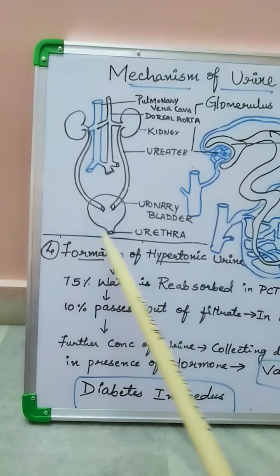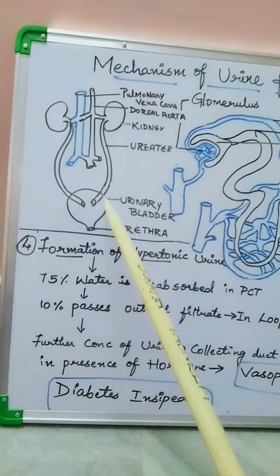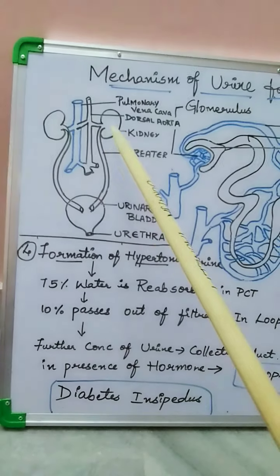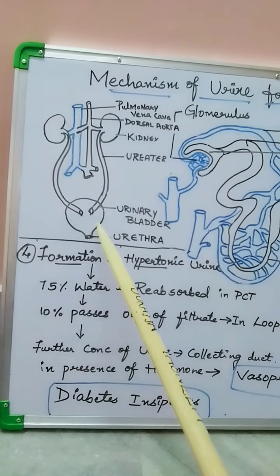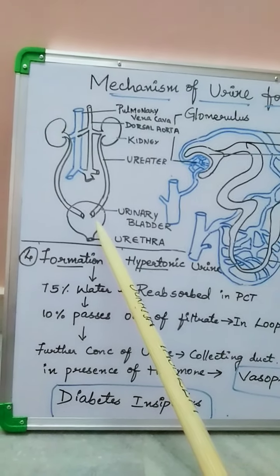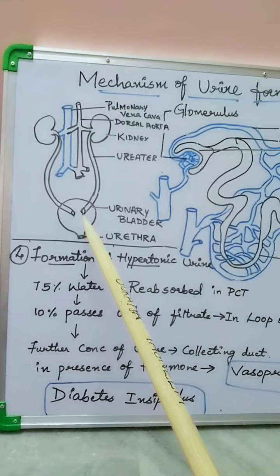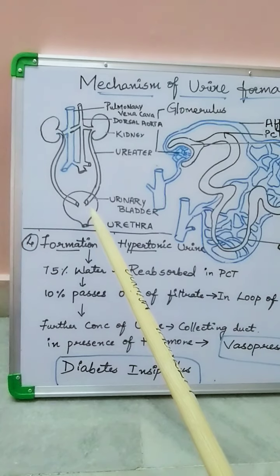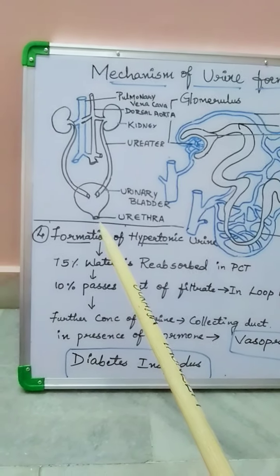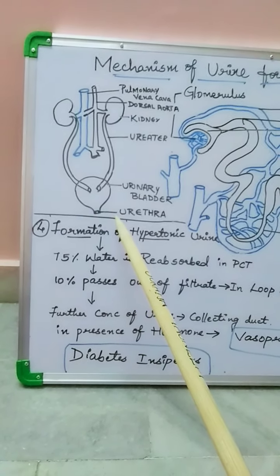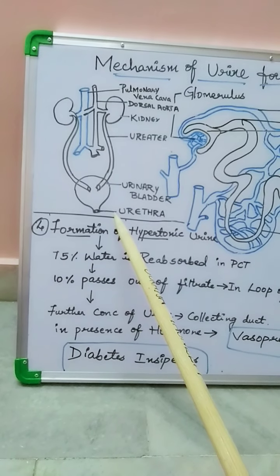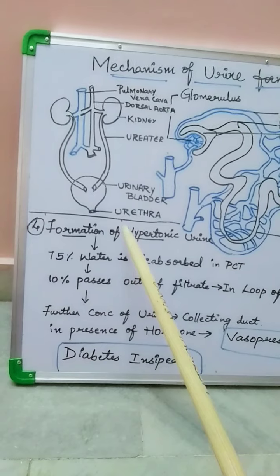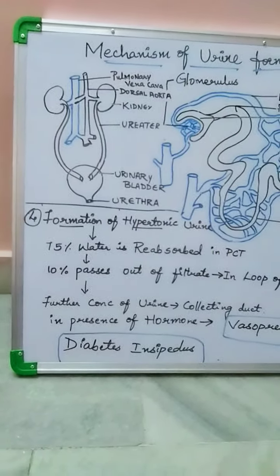The capacity of this urinary bladder is about 300 to 800 ml of urine. When it finally fills with the urine, it opens through the urethra by the ring of muscles, the sphincters. The process of urination is referred to as micturition.